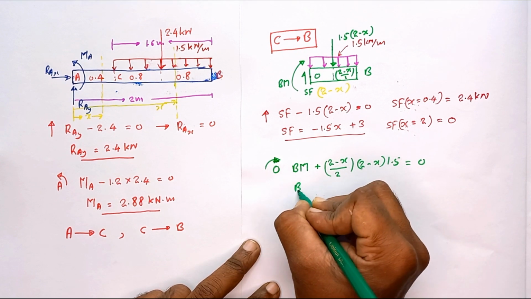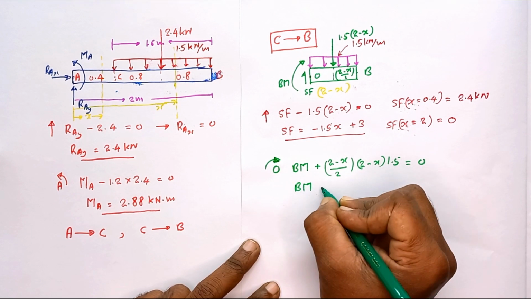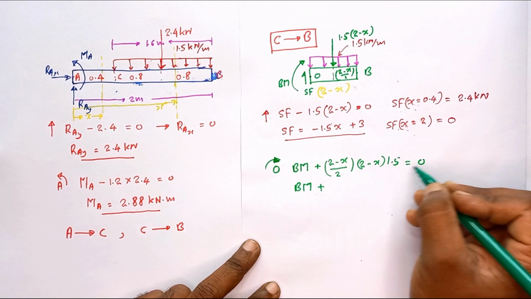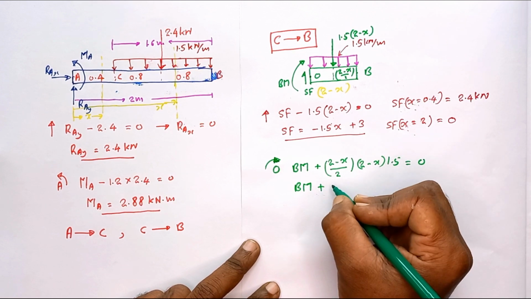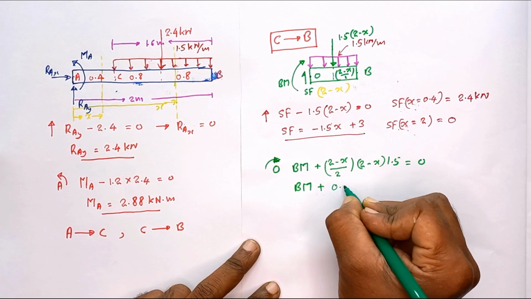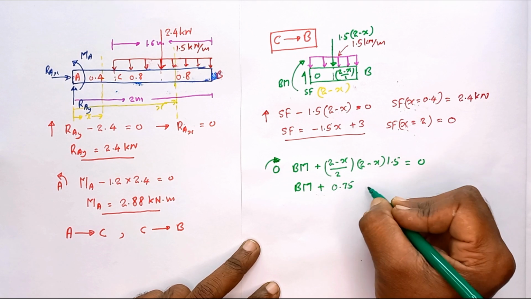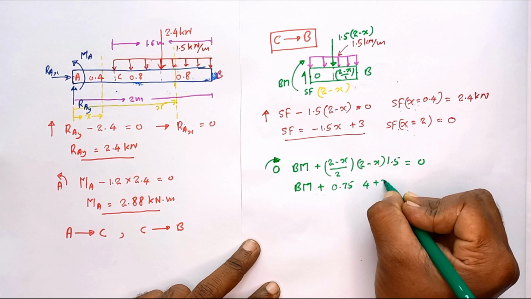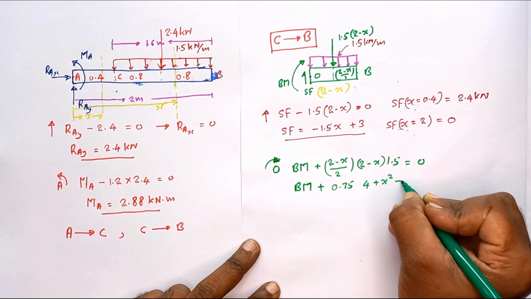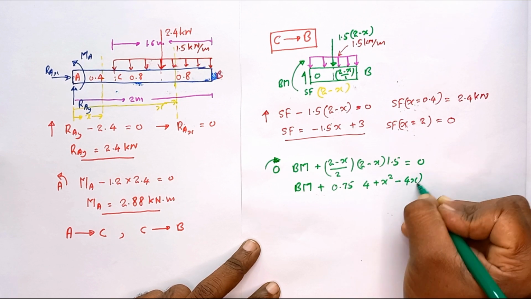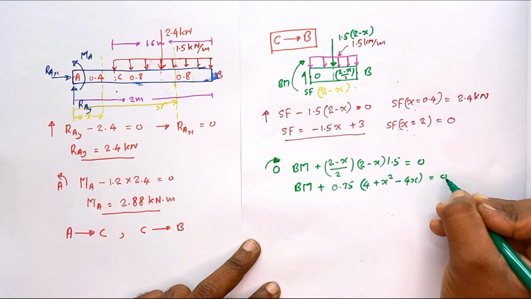Then the bending moment plus 1.5 divided by 0.75, 0.75 is square of this (2 - x), 4 + x² - 4x = 0.